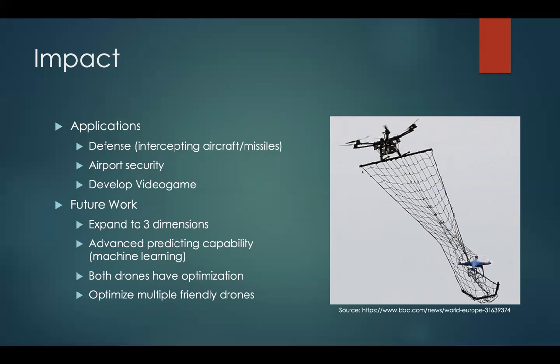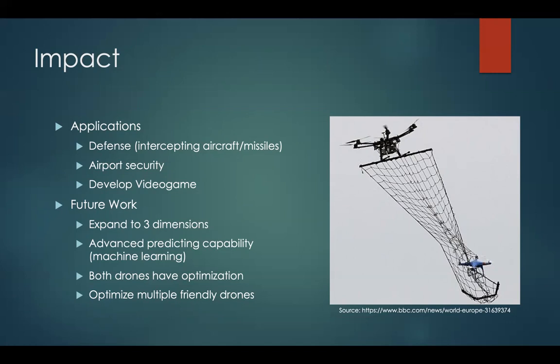Some future work that could be done to expand on what we've done here is, first, the model could be expanded to 3 dimensions. We didn't include the height dimension in this model, but that could be added. Another thing to do would be to add more advanced predicting capabilities to the friendly drone.